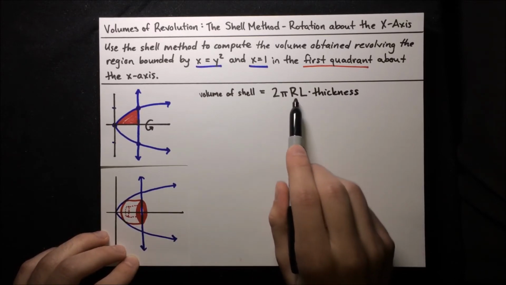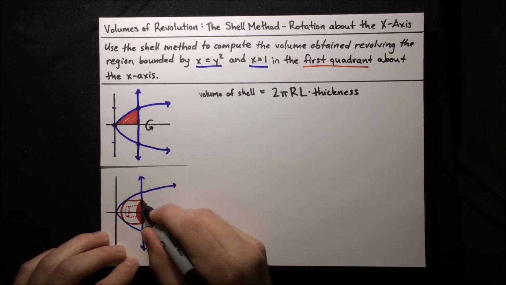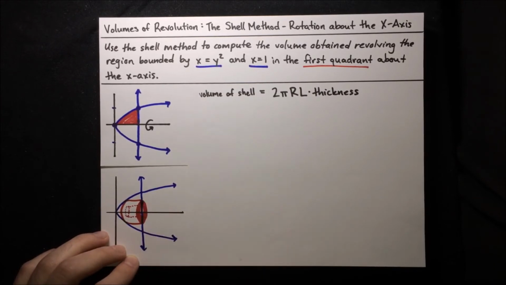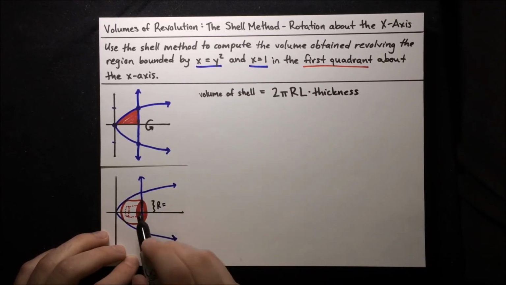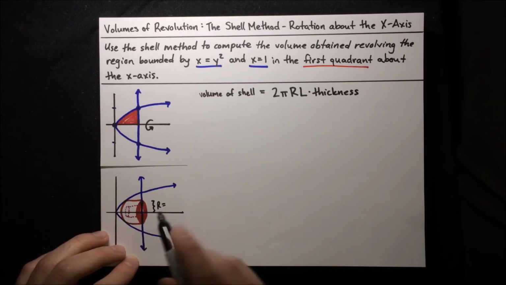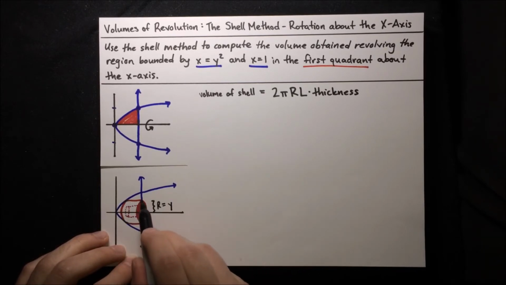First of all, the radius. So the radius is just the distance from the center of that shell to the exterior of the wall here. And that's just the radius, which is equal to the y value which our shell hits here. So radius is equal to the y value here. That's how high up it goes.